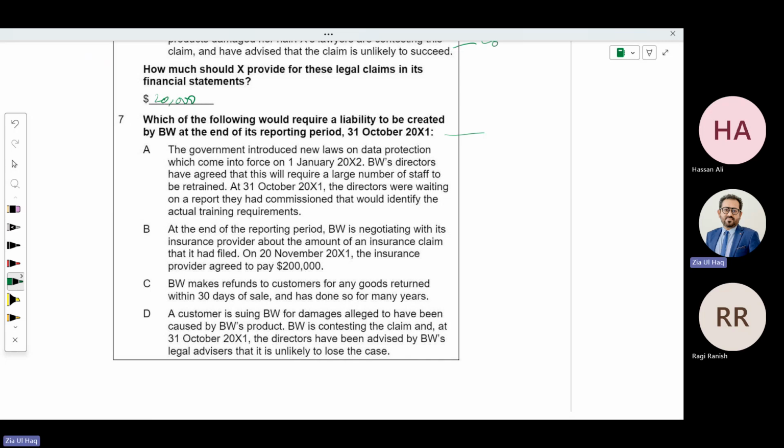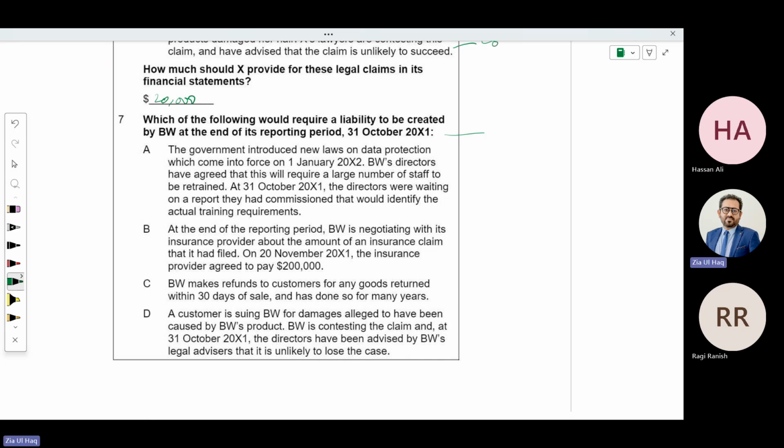At 31st December 20X1, the directors were waiting on a report they had commissioned that would identify the actual training requirement. And the government announced the new laws after the year end. Whether in financial statements a liability should be created?